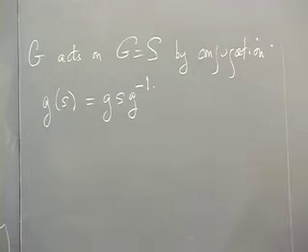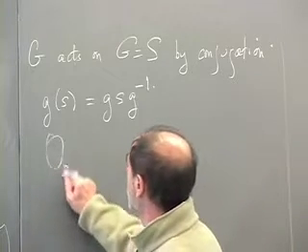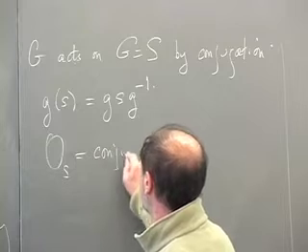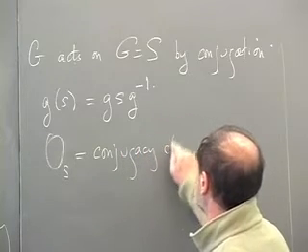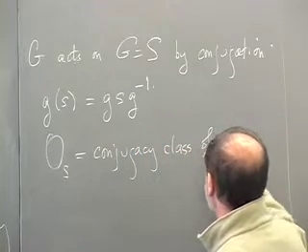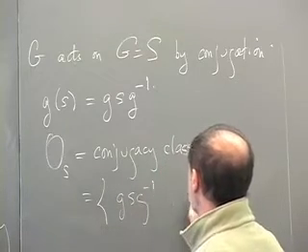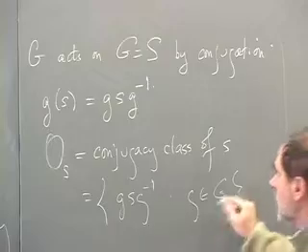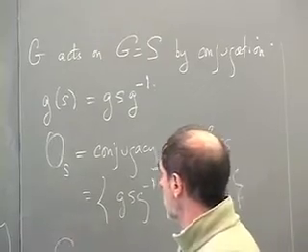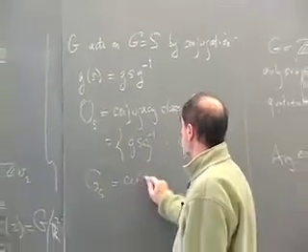So that's an action of a group on its own set by conjugation. That satisfies these axioms. And the orbit of an element s is called the conjugacy class of s. So that consists of all elements of the form g s g inverse for g in G. And the stabilizer of s is called the centralizer of s.